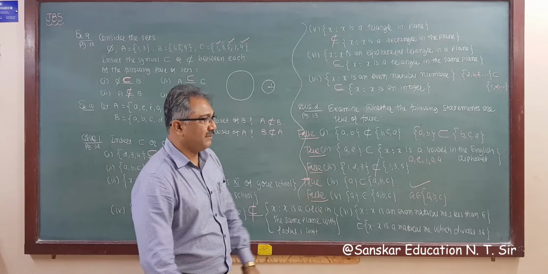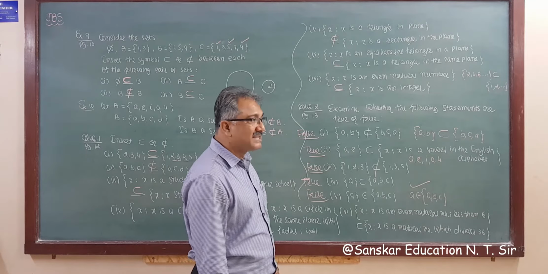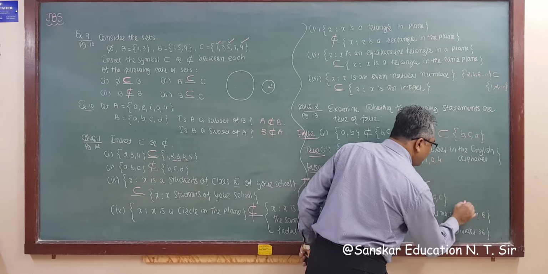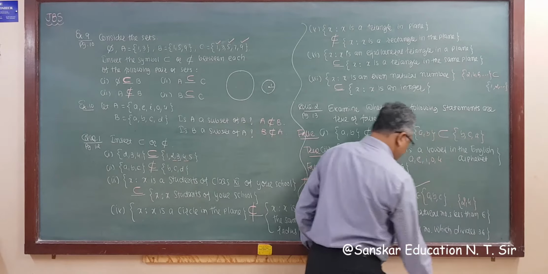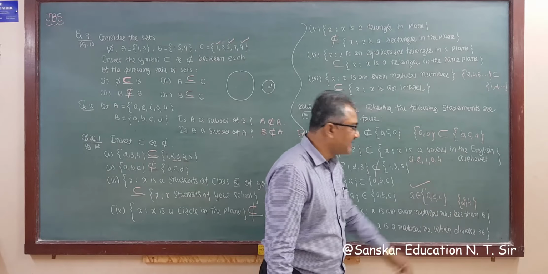Now last one. X is an even natural number less than 6. Less than 6 even natural numbers means 2 and 4. And X is a natural number which divides 36.